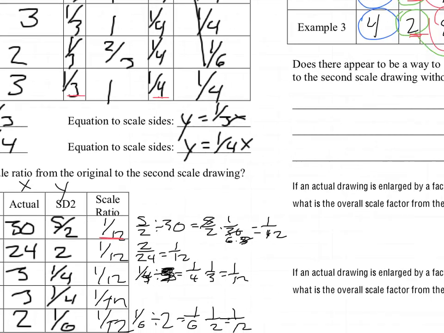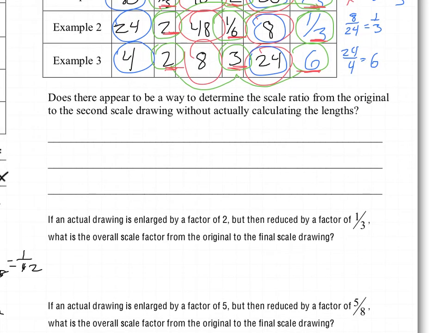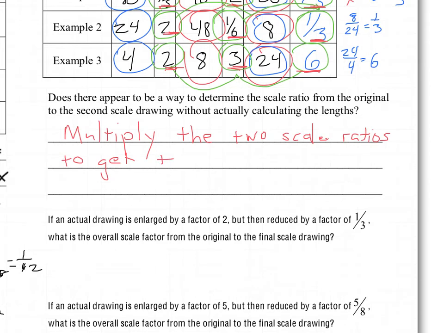So we can actually find the total scale ratio given two scales by multiplying the two scale ratios to get the total scale ratio.